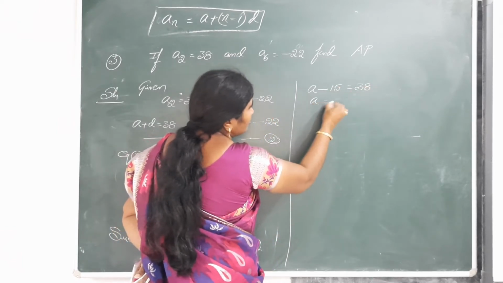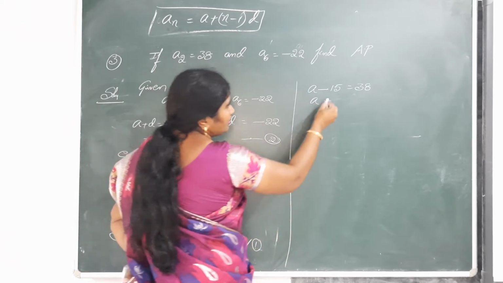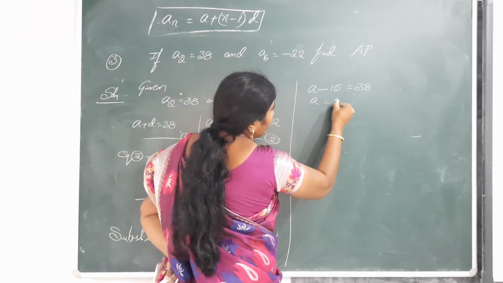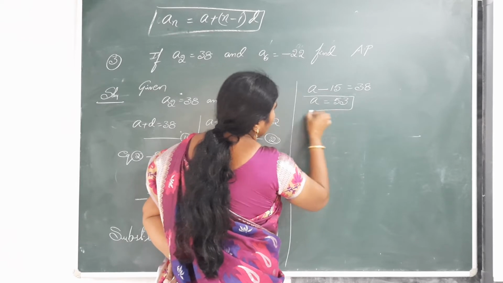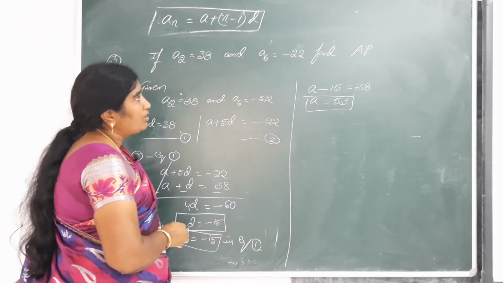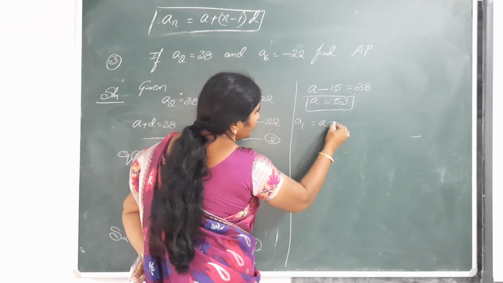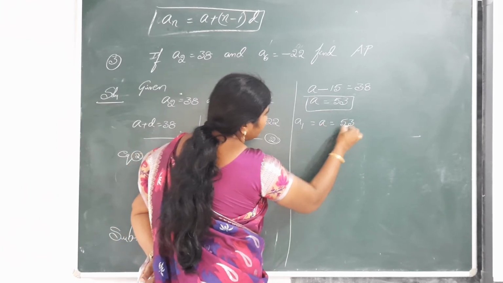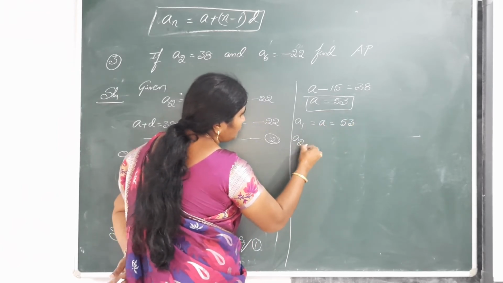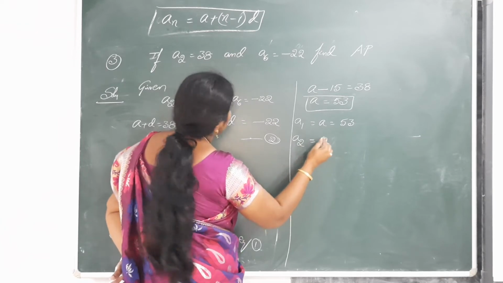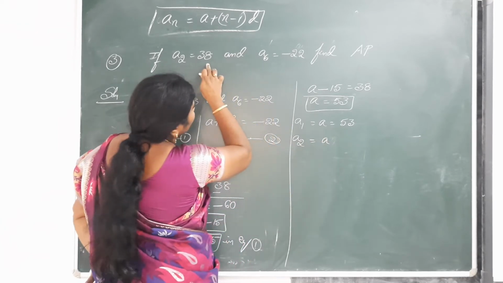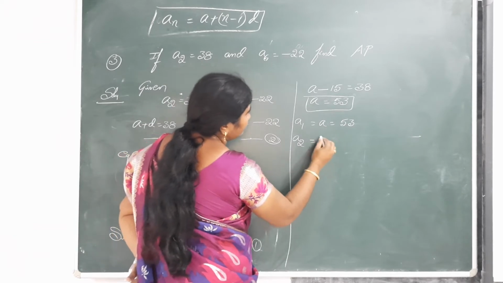A equal to 38 plus 15, that equals 53. The A value is 53. In the AP, the first term A1 equal to A equal to 53. The second term A2 equals 38.